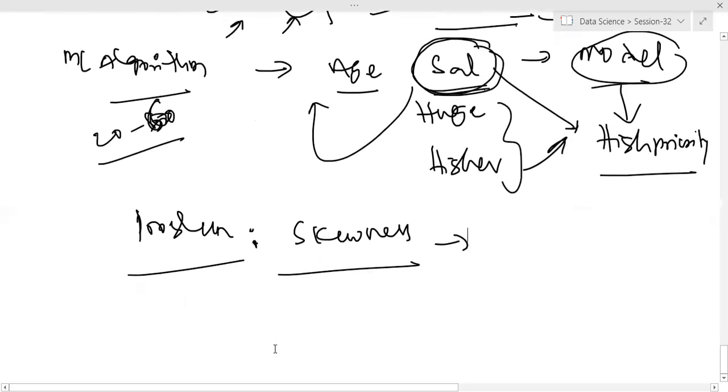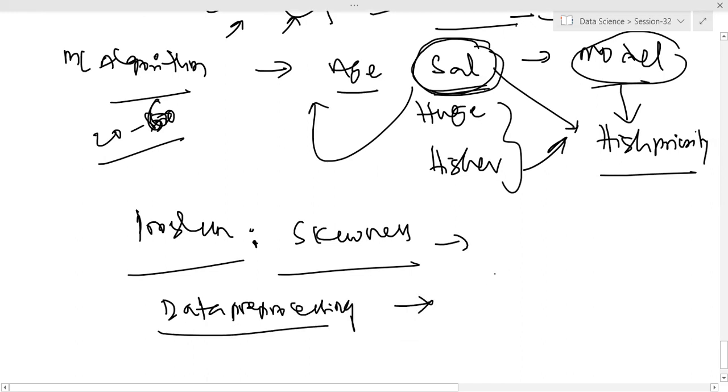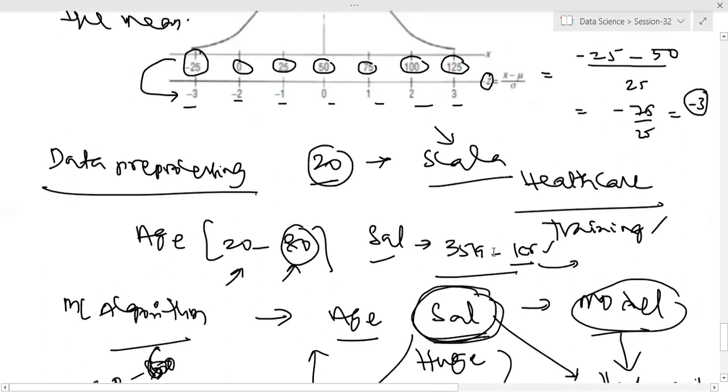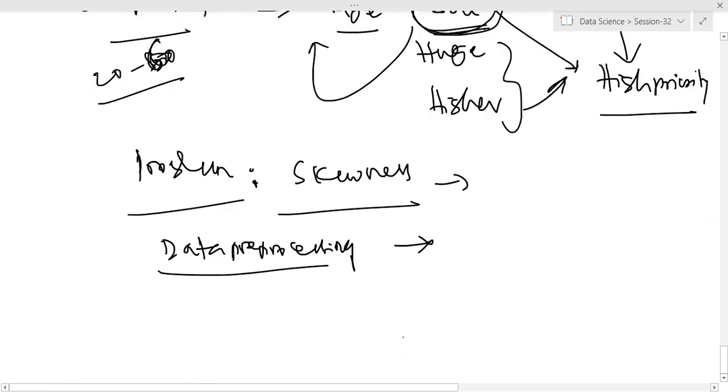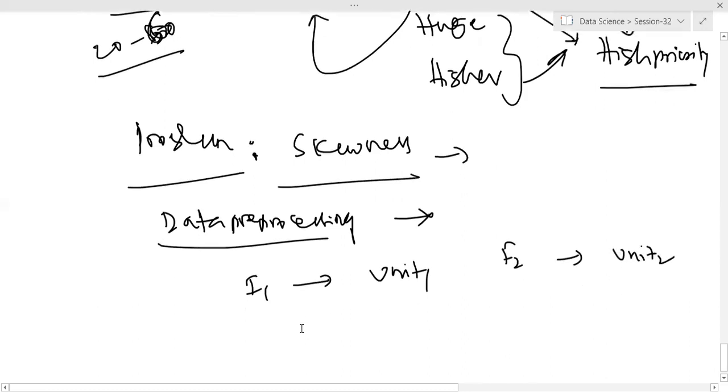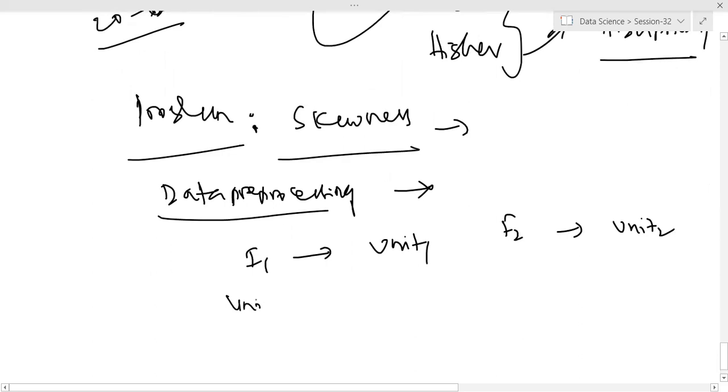What is that, Venkat? Earlier we were talking about this in classification. If it is skewed, we have to work on the median. When we saw the data types, suppose one feature is having one kind of unit and another feature is having another kind of unit, we have to manage those units into a uniform unit.